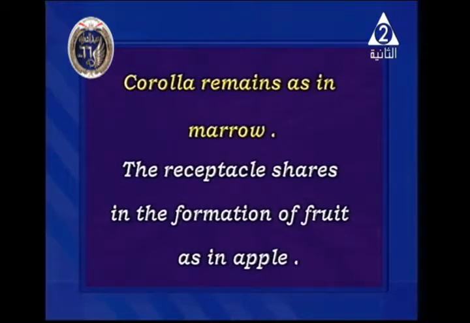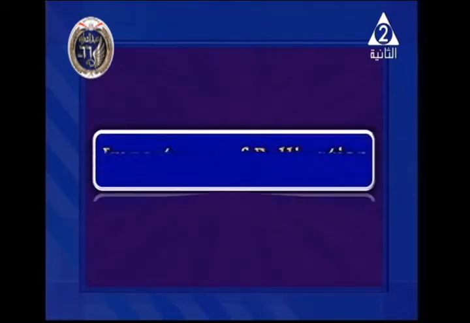Sometimes the receptacle shares in the formation of the fruit, like an apple, as we said, forming something called a false fruit. This is some information or some examples of the sharing or remaining of other parts of the plant after the process of fertilization of the fruit.